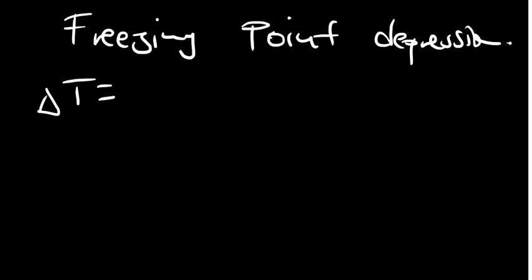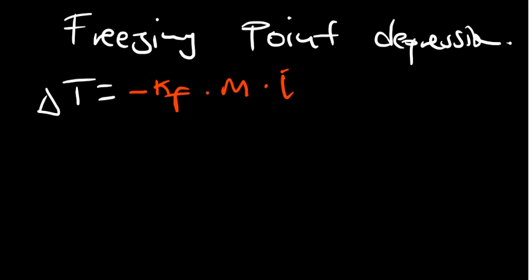We want it to be a positive value, so the formula becomes negative Kf, which is the freezing point depression constant, multiplied by the molality, multiplied by the Van't Hoff factor. That's what we have in such a case.